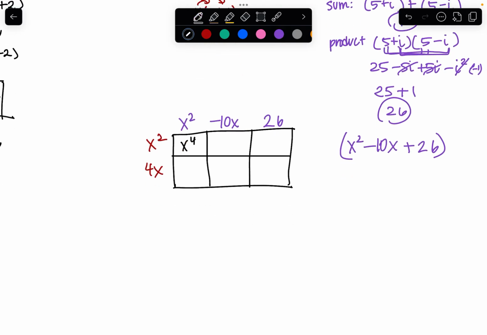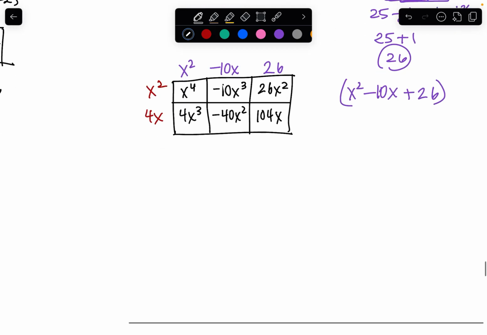That would give me x to the 4th minus 10x cubed plus 26x squared, 4x cubed minus 40x squared plus 104x.